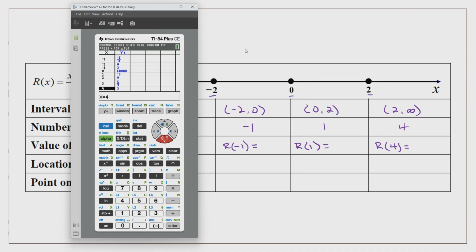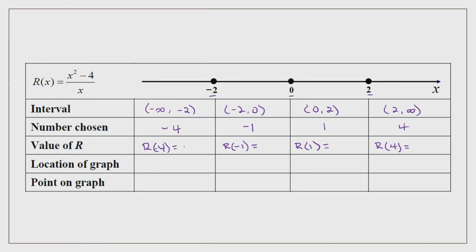All right, so now we have our points. We have -3, 3, -3, and 3. So this y value is the y coordinate of the point (-4, -3). Since -3 is negative, the location of this point is going to be below the x-axis. Our next point is (-1, 3).